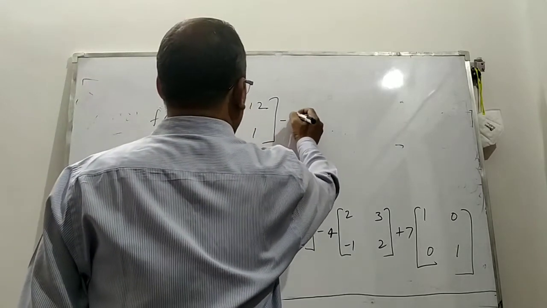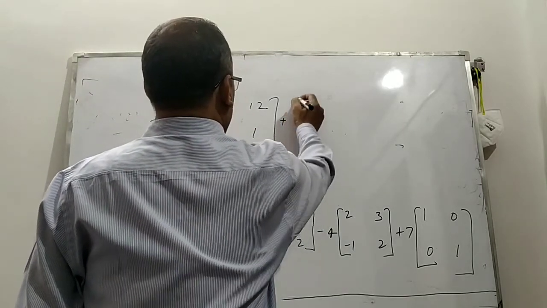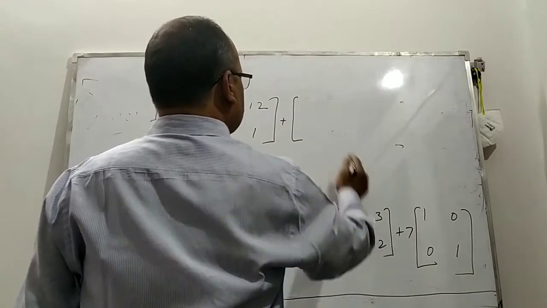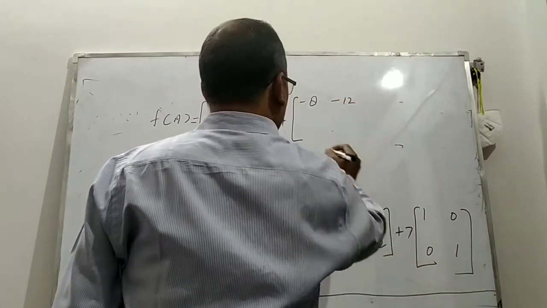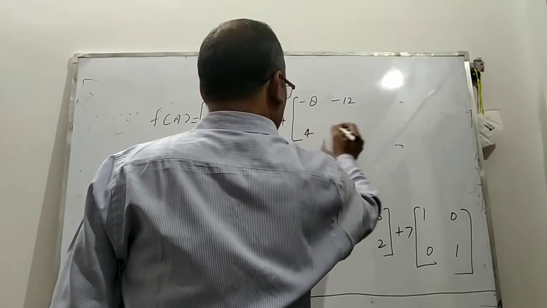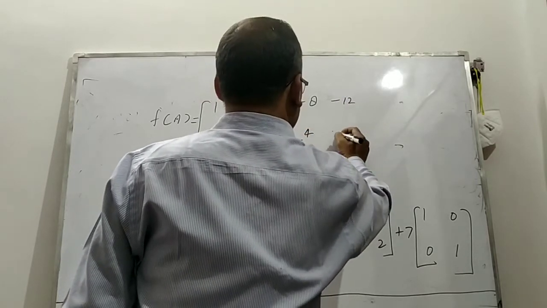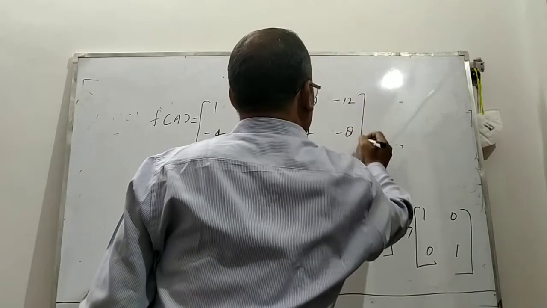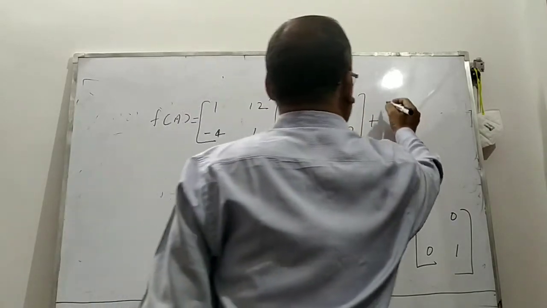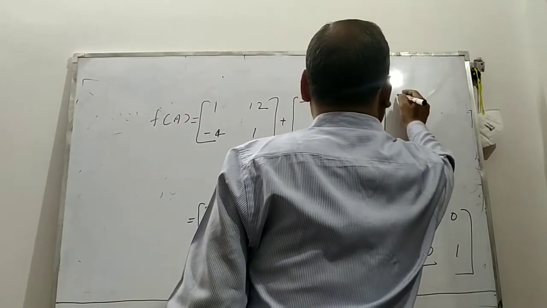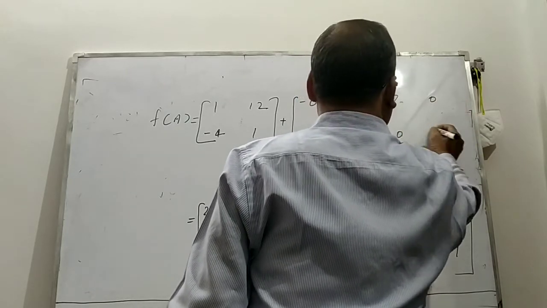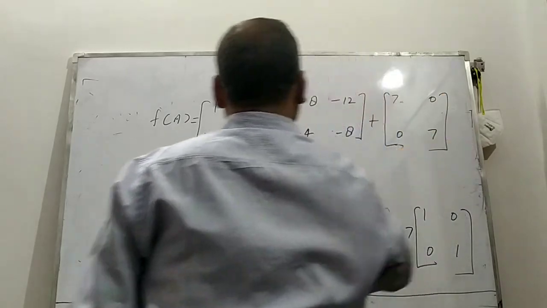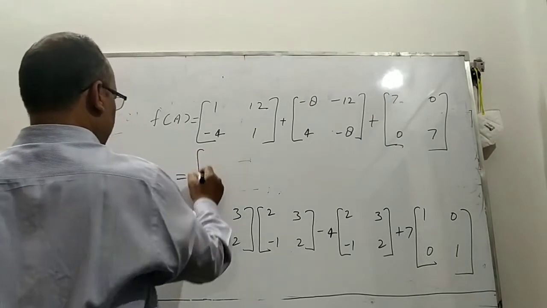Then you take inside this value minus 8, minus 12, 4 and minus 8. Then plus 7, 0, 0, 7. You can write this.